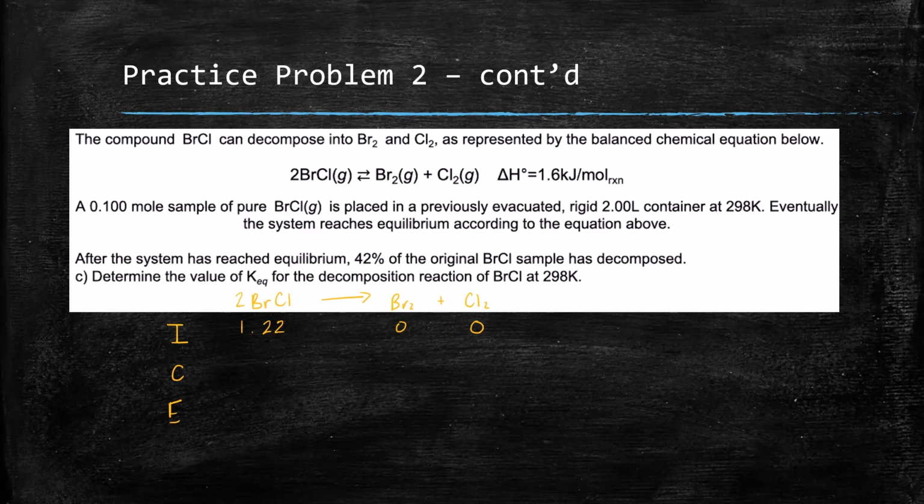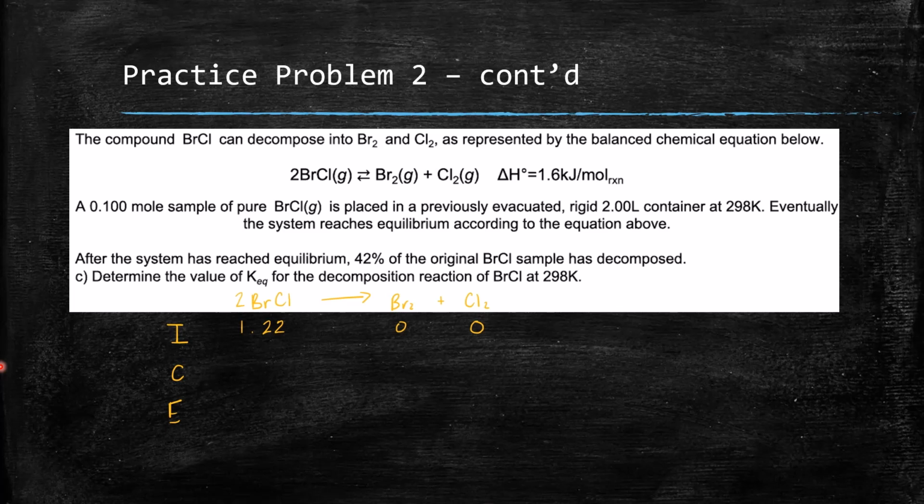So I've moved this over here so that we can write it down. What we're going to use is our initial pressure that we calculated in part A, and we are going to assume that there was no Br2 and Cl2 at the beginning. So we have our initial pressures.